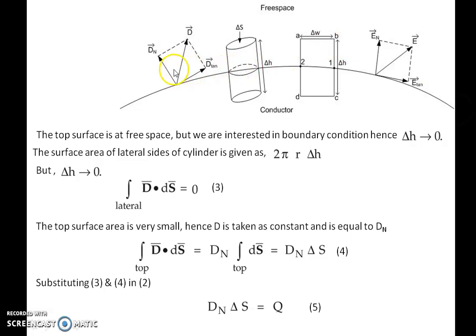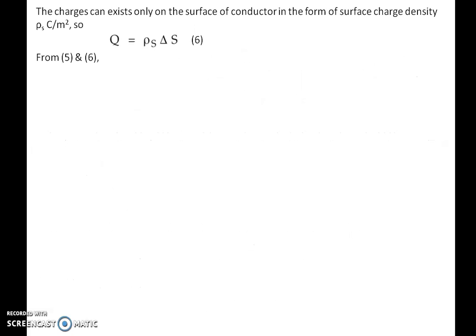So in terms of surface charge density, I can write Q is equal to rho s into delta s. Equating equation 5 and equation 6, rho s into delta s is equal to Dn into delta s. So the normal component of flux density is equal to the surface charge density.